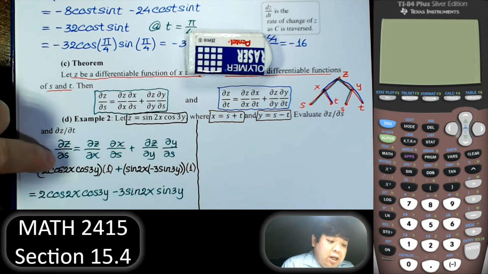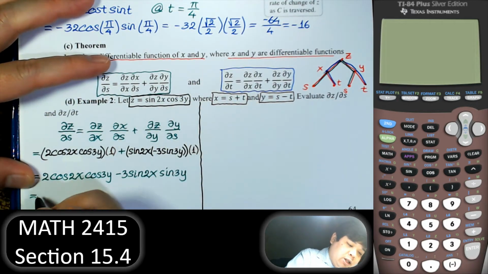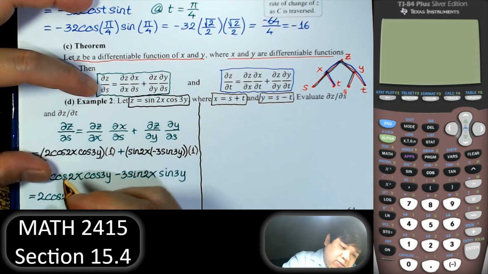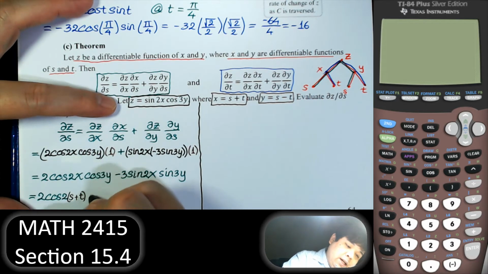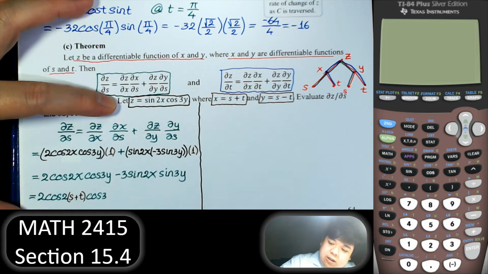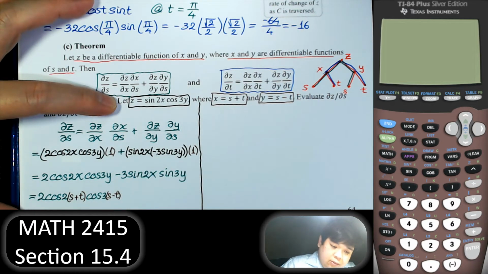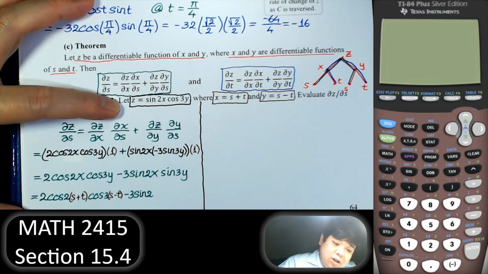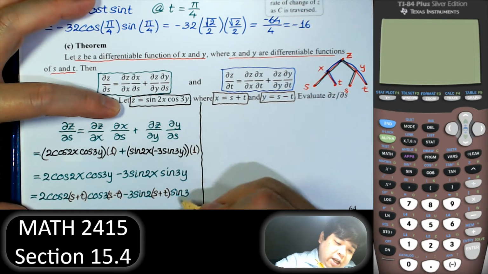So that's good and all, but the function has to be in terms of s and t, so we substitute back in, and we have 2 cosine of 2, x is s plus t, and then cosine of 3, y is s minus t, minus 3 sine of 2, s plus t, and then sine of 3, y is s minus t.